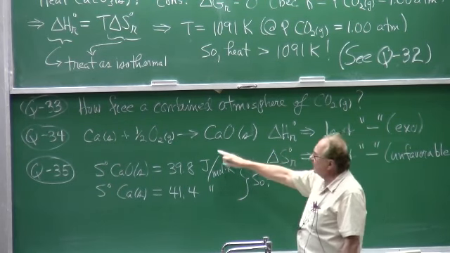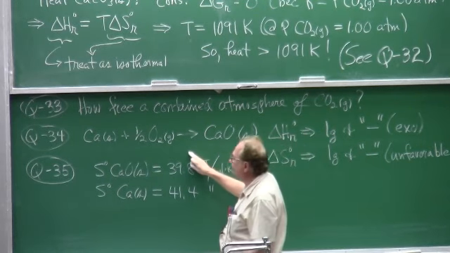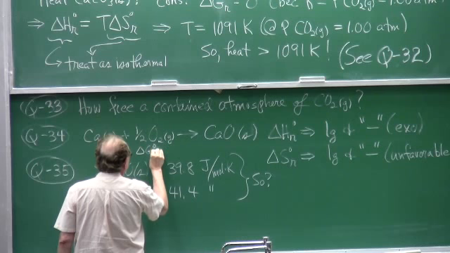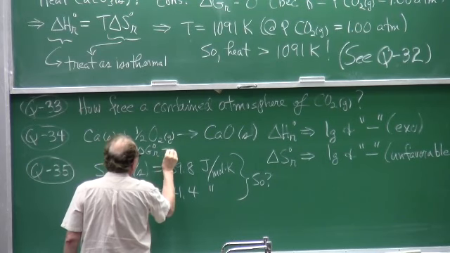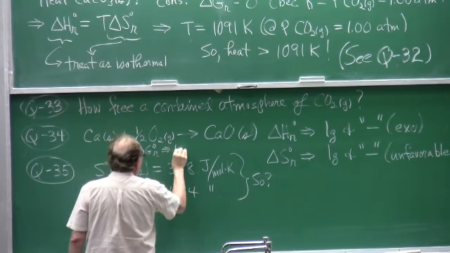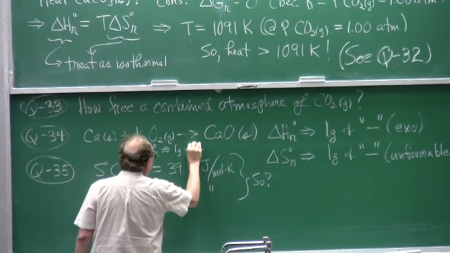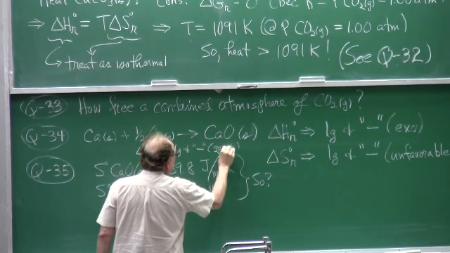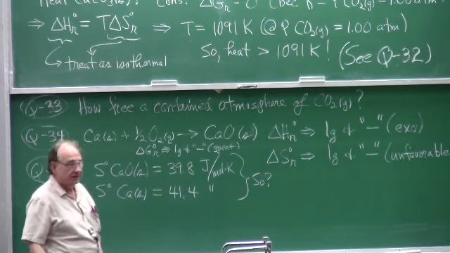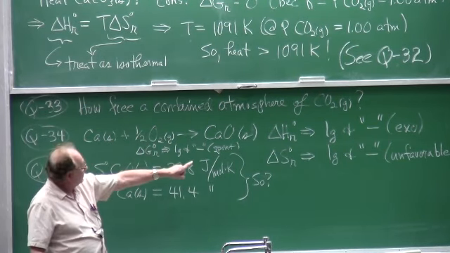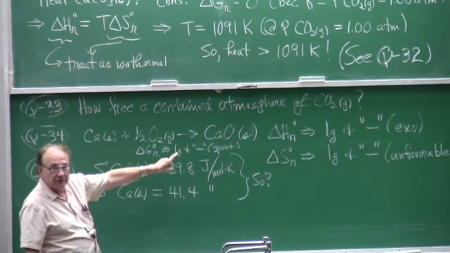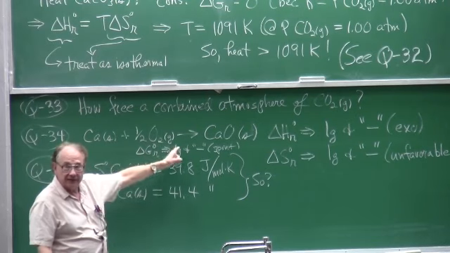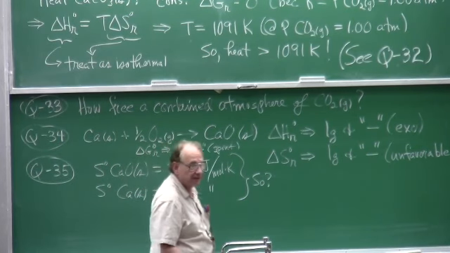Now, do you recognize from this reaction, if I tell you that delta G zero is large and minus, which means spontaneous at standard state conditions, that it's got to be delta H zero which is driving this reaction, because delta S zero can't stand this reaction.